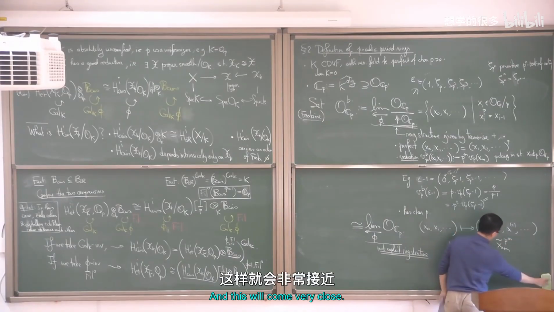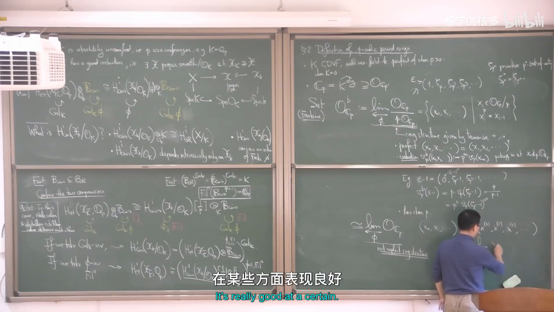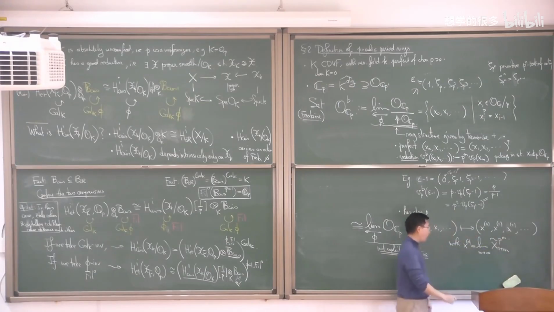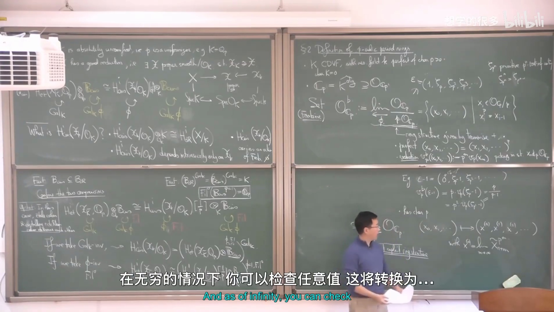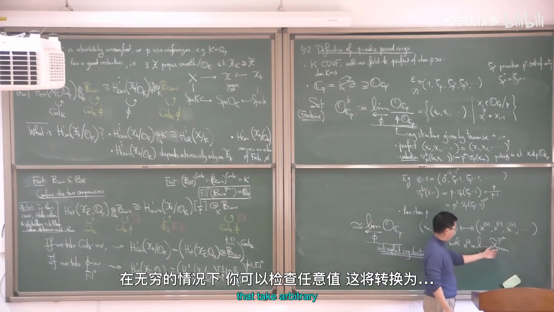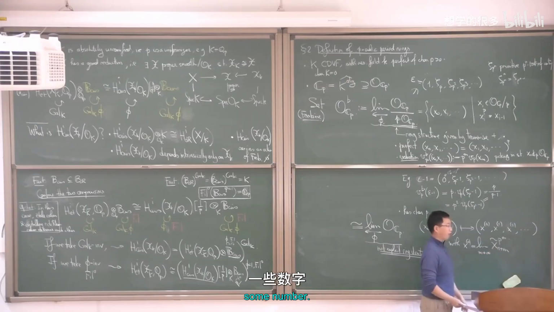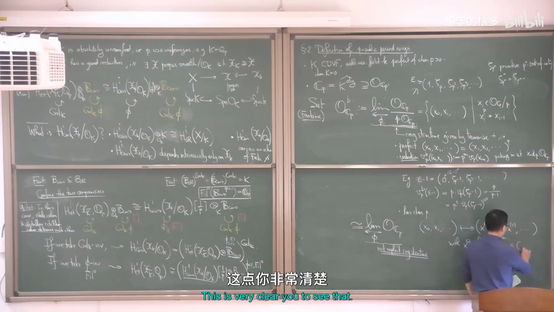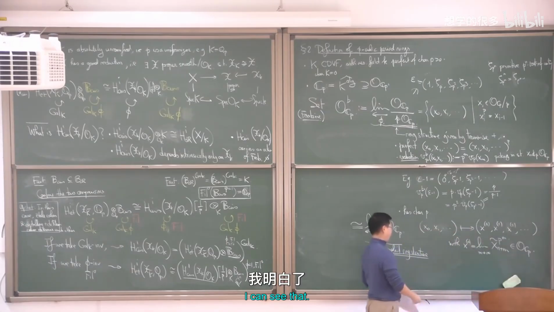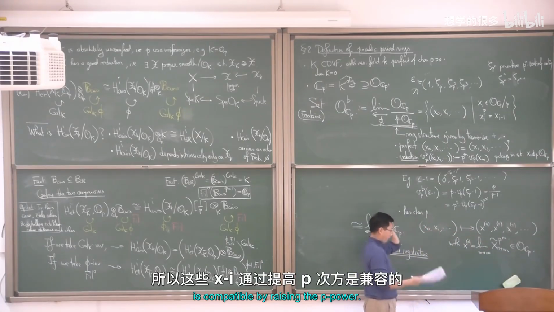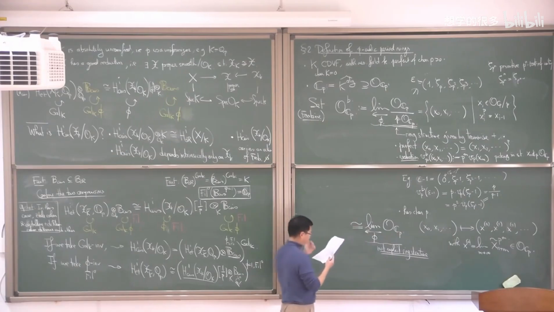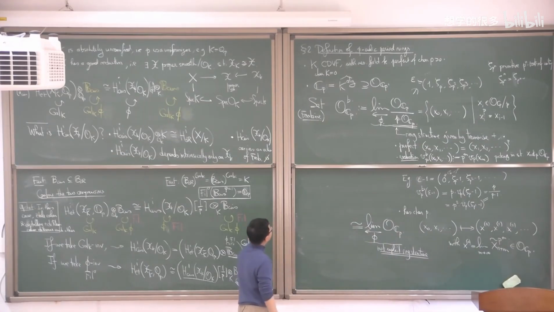And this will be very close. As m goes to infinity, you can check that for arbitrary lifts, this will converge to some number in O_C. It's very clear to see that. I can see that these X_i's are compatible by raising to the p power. Okay. So this is O_C. So this is a tilting process.